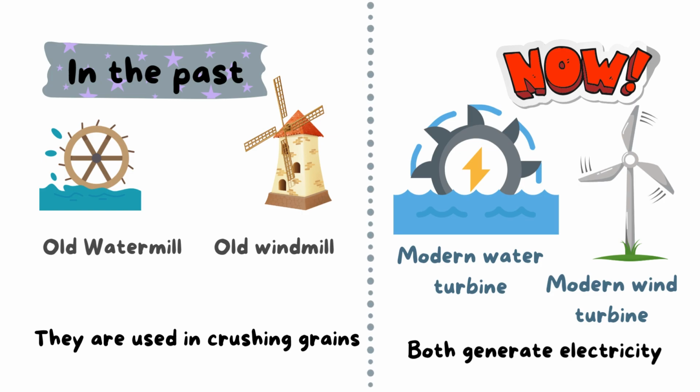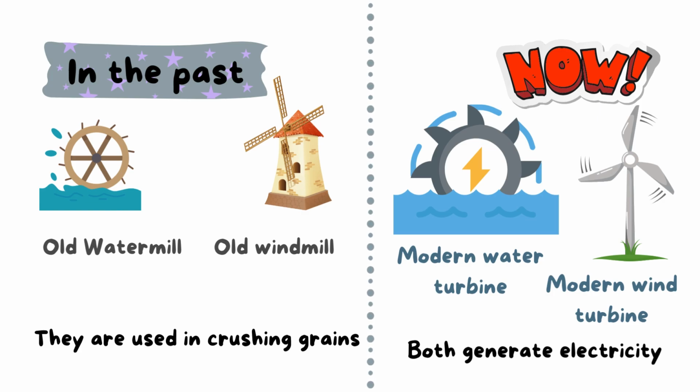And we have modern water turbines. Modern water turbines generate electricity from the movement of water. So in the past, people used machines like the windmills and watermills to crush the grains.